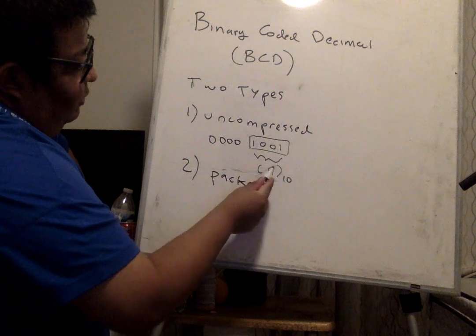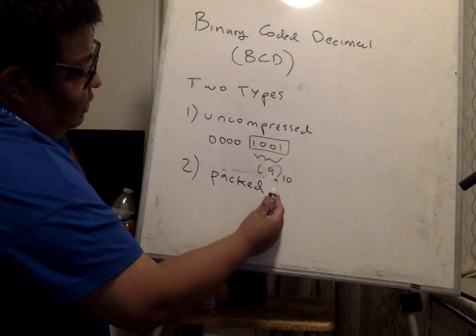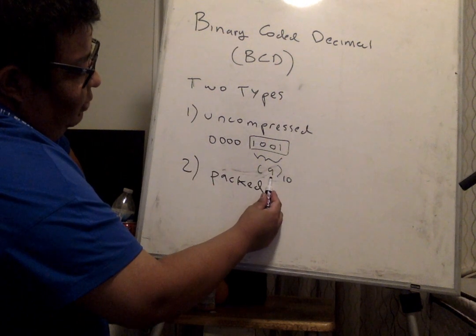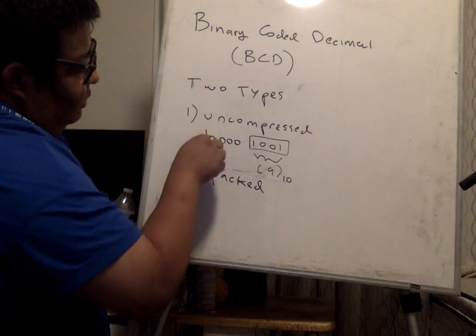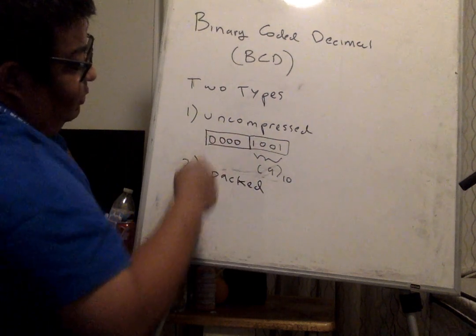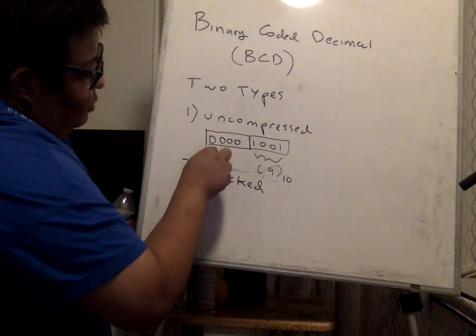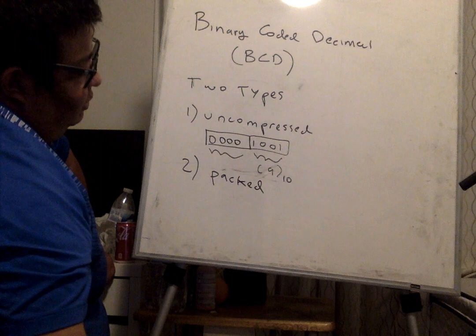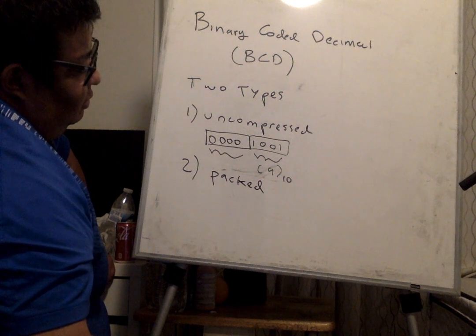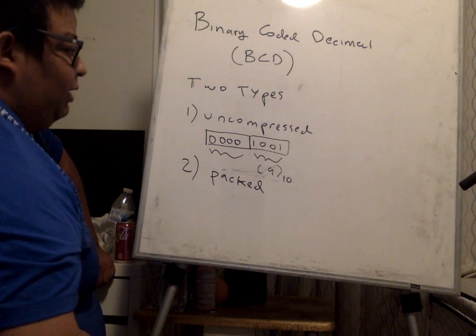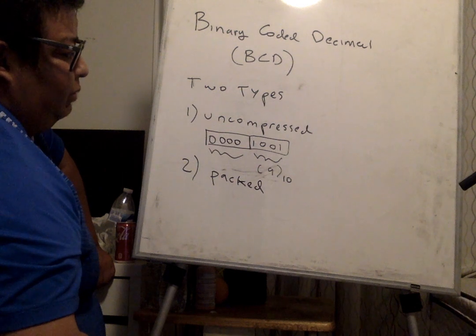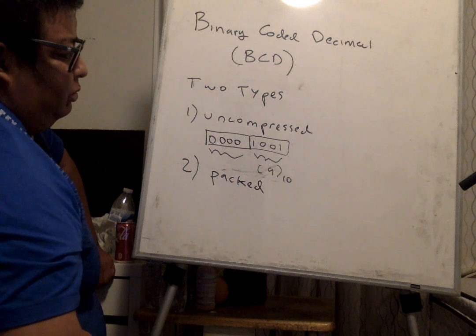But here with binary coded decimal, each digit in a decimal number has these 8 binary positions, where these extra ones might have different uses that you typically are not expecting.